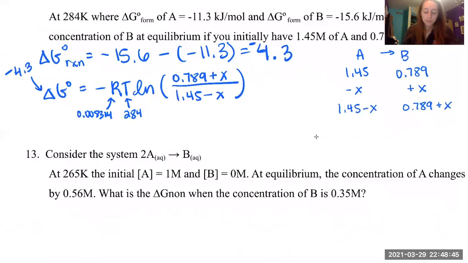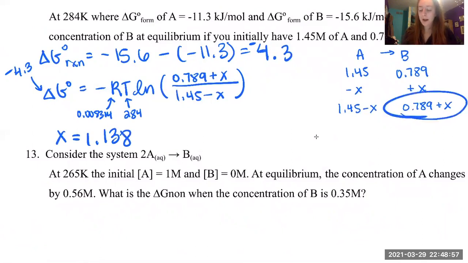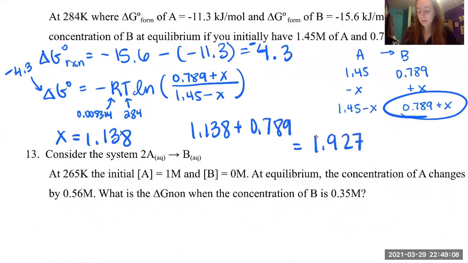Okay. So once you calculate X, you should get 1.138. Okay, but that's not answering the question entirely. We want to find out what is our final B concentration. So we're going to do 1.138 plus 0.789, and that will give us a total of 1.927. Okay.